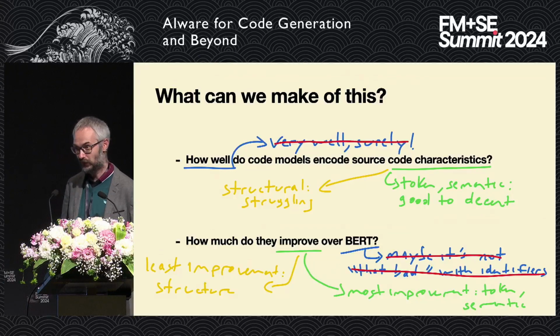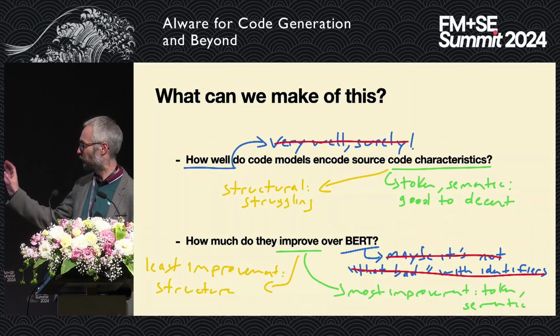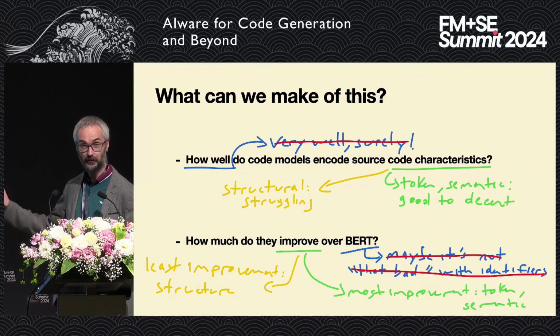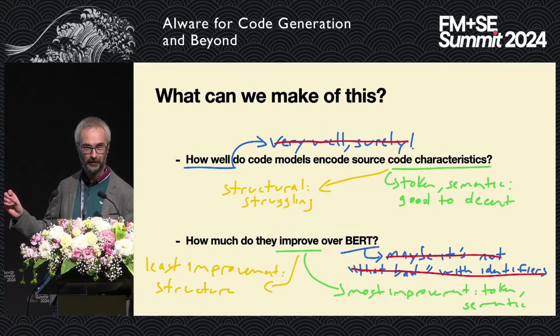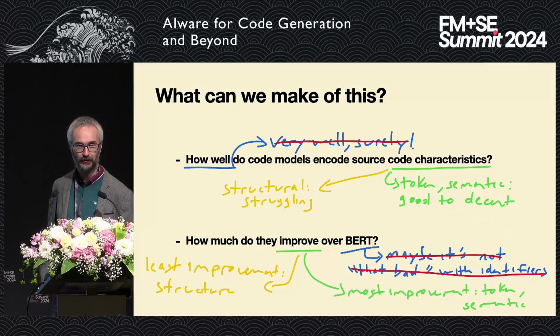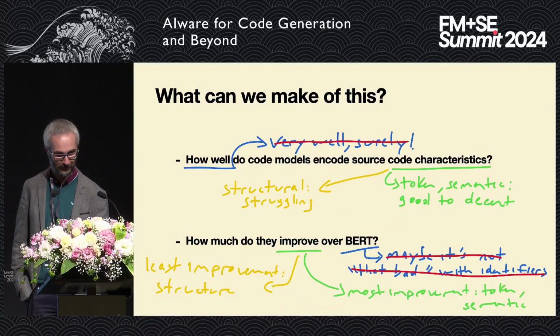And actually, kind of the opposite happened. BERT was worse on the tasks with identifiers and the semantics of code. And the tasks where it was comparatively the least bad were the ones about code structure, which is the opposite of what I predicted. So if I make a prediction, just don't trust me. That's the thing you should remember from this talk.